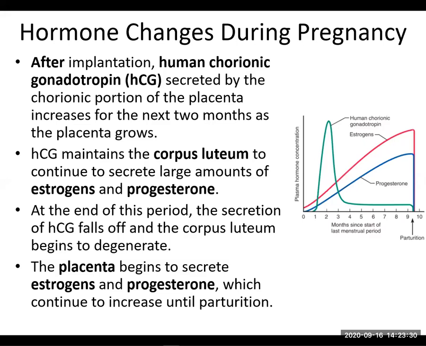So for the final portion, we are going to talk about the hormonal changes during pregnancy. In the beginning, the placenta, from the chorion, produces the hormone called human chorionic gonadotropin, HCG.